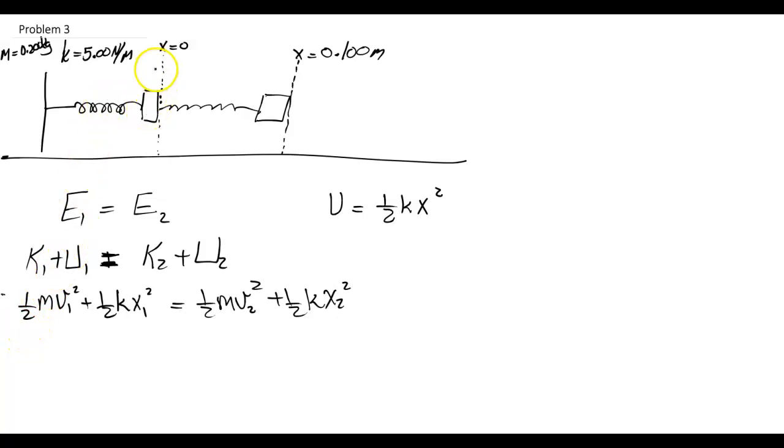K1 is where the spring is just before it's released, so that is 0. And so we have that K2, if we solve for it, is going to be U1 minus U2, which is 1/2 k x1 squared minus 1/2 k x2 squared.